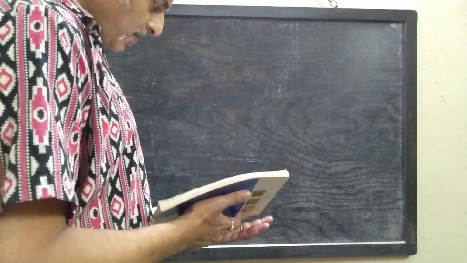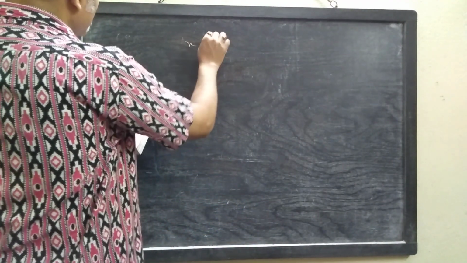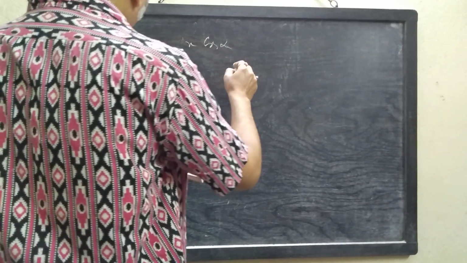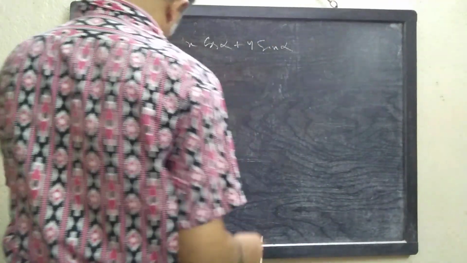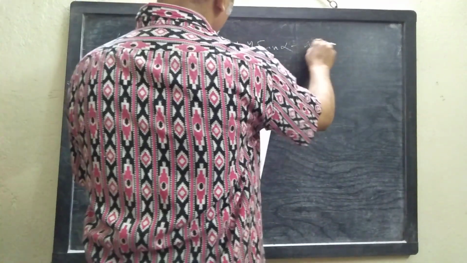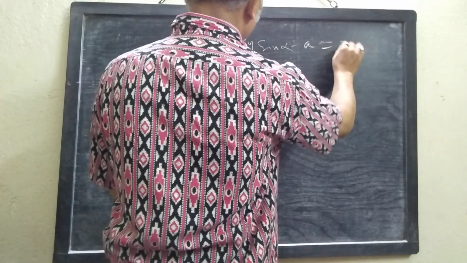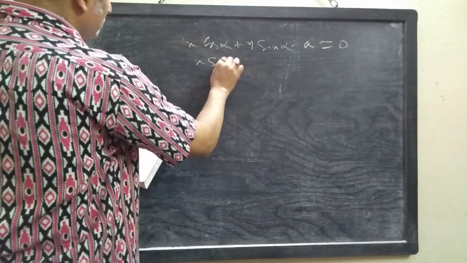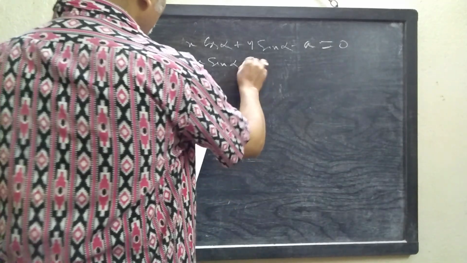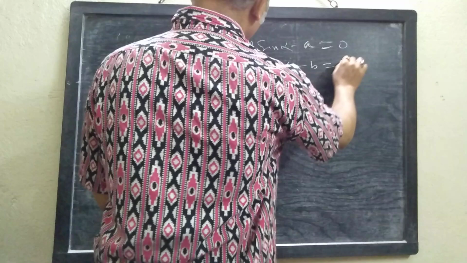Number 3. Find the locus of the point of intersection of the lines. Here two straight lines are given: x cos alpha plus y sin alpha minus a equals 0, and another one is x sin alpha minus y cos alpha minus b equals 0.